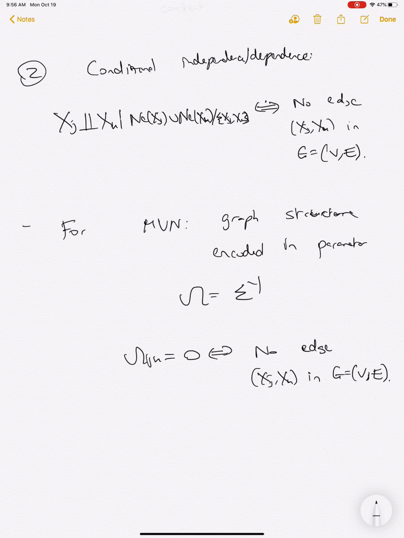So those are the main takeaways from what we've learned about undirected graphical models so far.